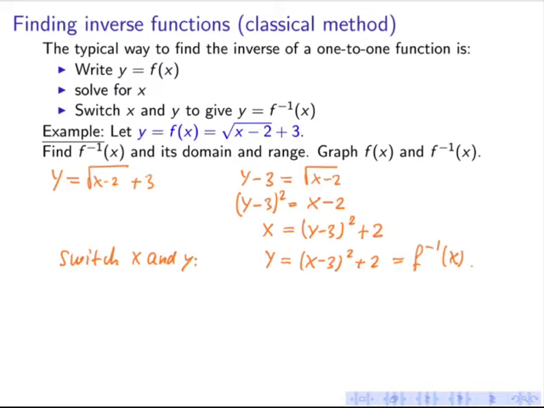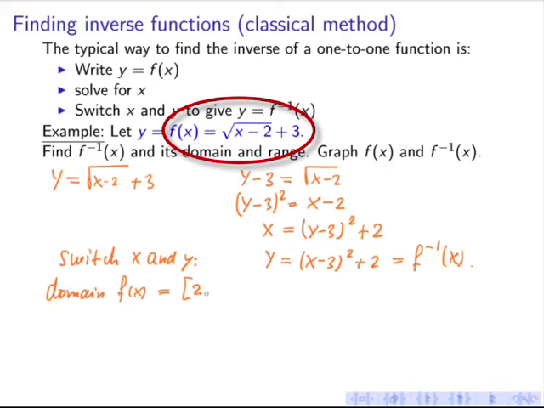So far, so easy. Now how is this with the domain and range? So what was the domain of the original function? In the original function, I can only sub values of x which are larger or equal to 2. Otherwise, the square root would be negative, right? So then the domain, written as an interval, would be the interval 2 to infinity. And then the range of f, these are all values which come out.